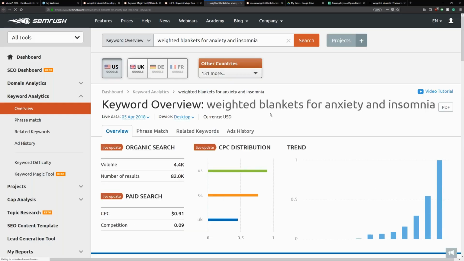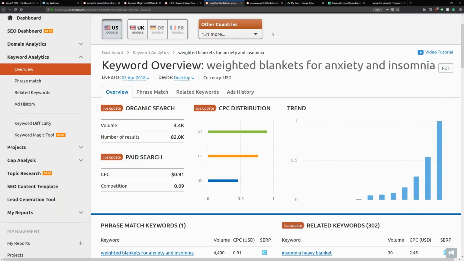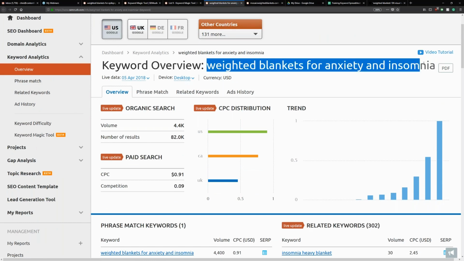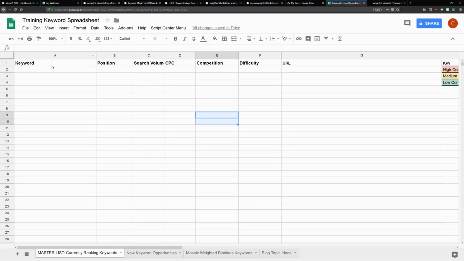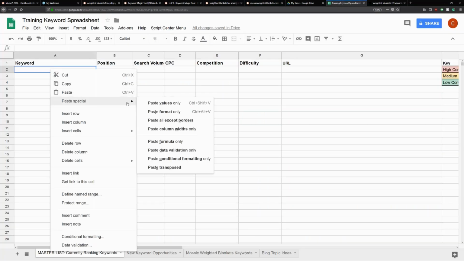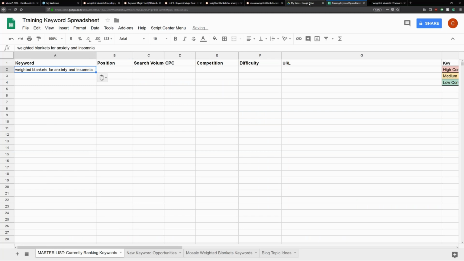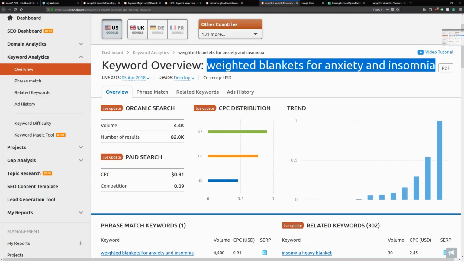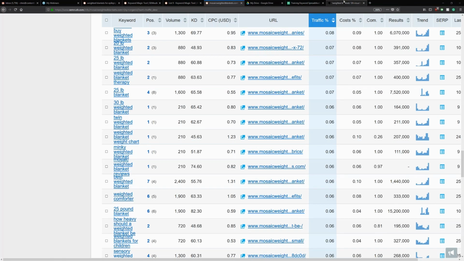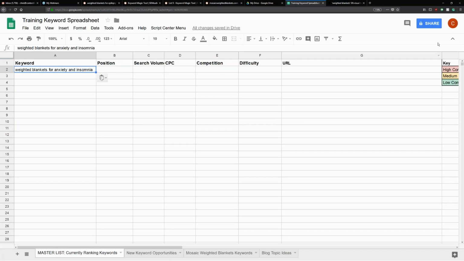So I'm going to bring this up over here. Just going to take this, go over to our form, drag that in. I can drag this over to the side so I can quickly do this. Position we don't care about because we're not comparing this for someone else's.